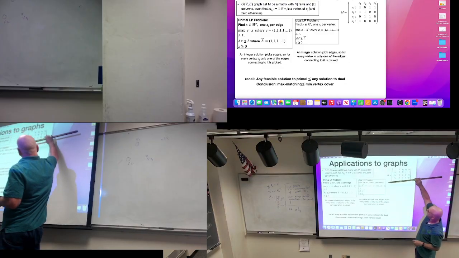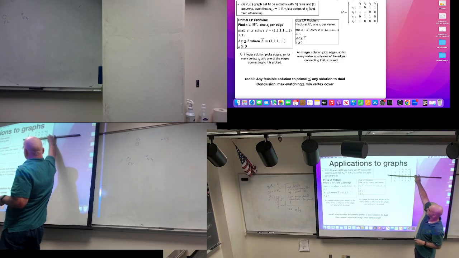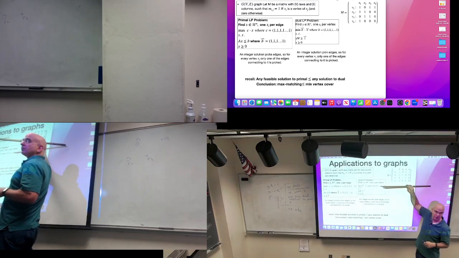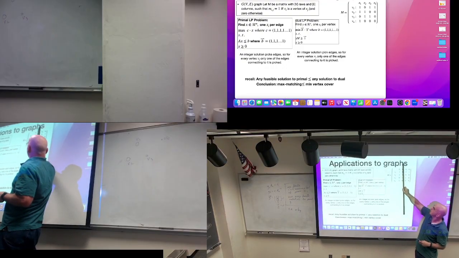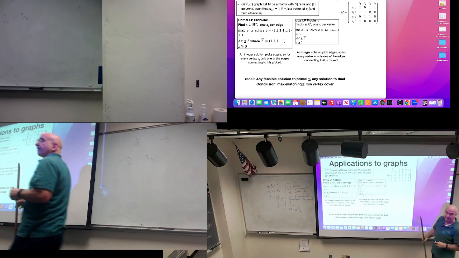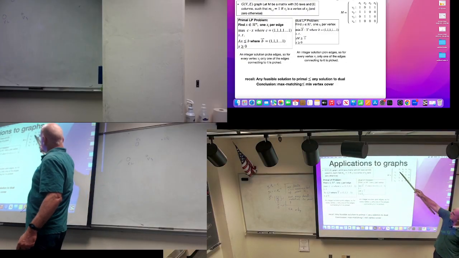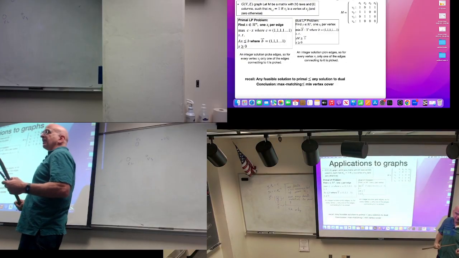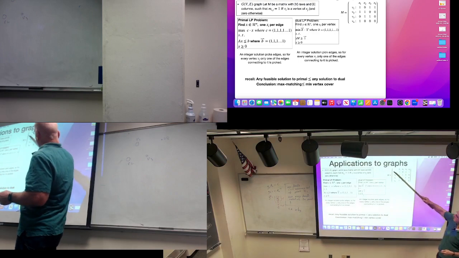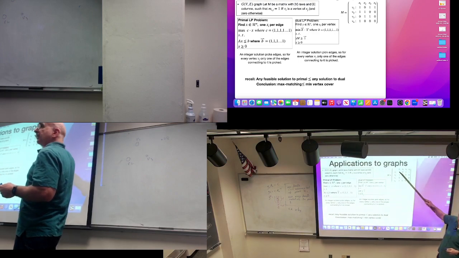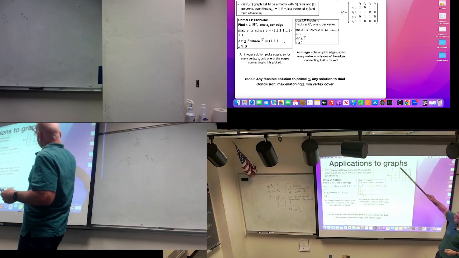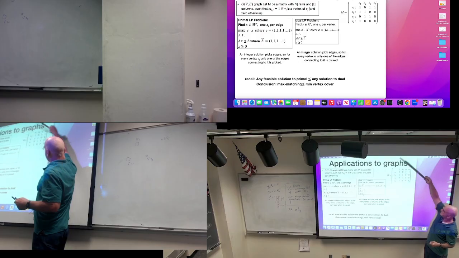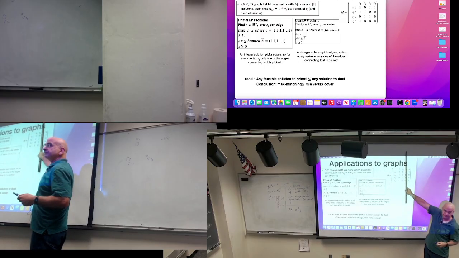I'll have one row for each one of the vertices, so I have n rows in general. And I have one column for every edge, E1, E2, E3, E4. A 1 at some entry of this matrix means that the vertex VI is on the edge EJ.